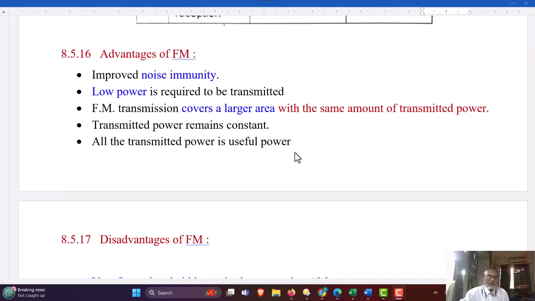All the power transmitted by an FM station in the frequency modulated signal is useful power.